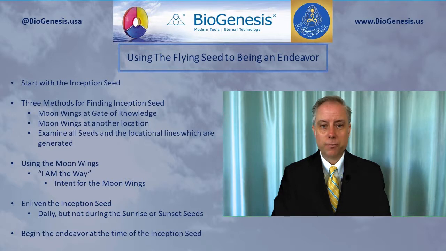If you're building a house and you're going to be building it in Wichita, Kansas, then you find the seed that has the bands of support going through Wichita, Kansas, or at least one band of support going through Wichita, Kansas. That is how you would be able to find the inception seed using the lines of support, the harmonics.